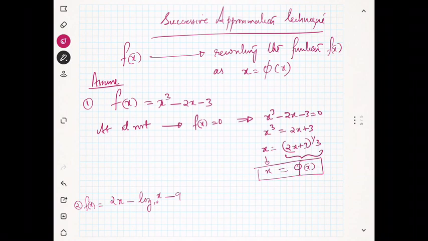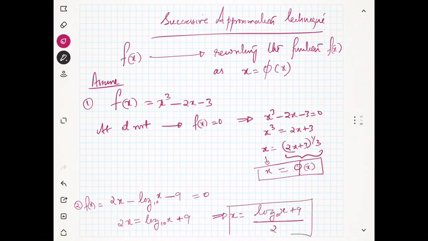Okay, so this is a function. So we will be writing this function as equal to 0. That means 2x minus log to the base 10 of x minus 9 is 0, so 2x is equal to log to the base 10 of x plus 9, which implies x is equal to (log to the base 10 of x plus 9) by 2.